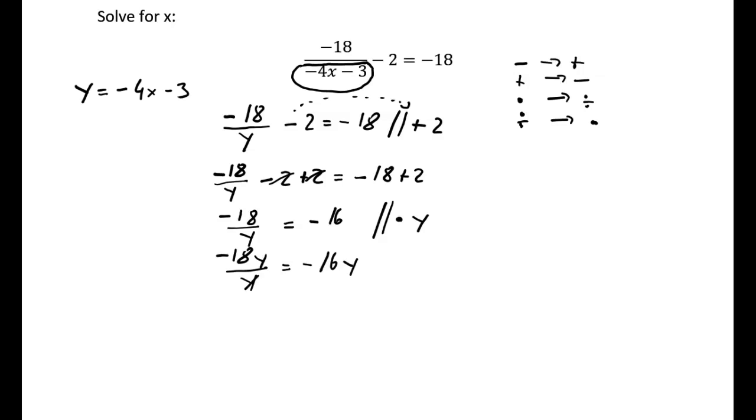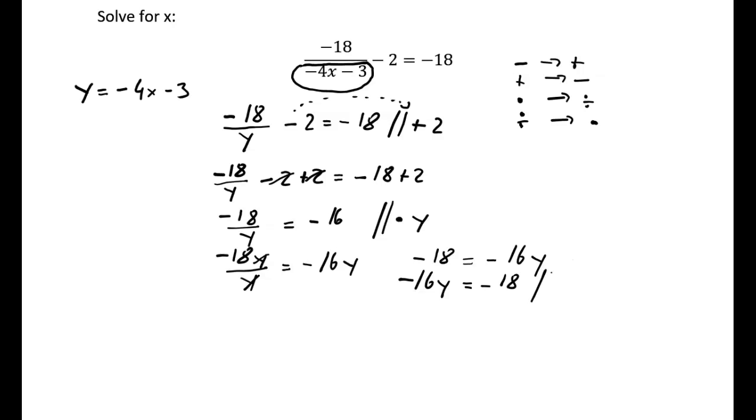We see the y cancels out, and we have negative 18 equals negative 16 times y. Or we can also write this as negative 16y equals negative 18.